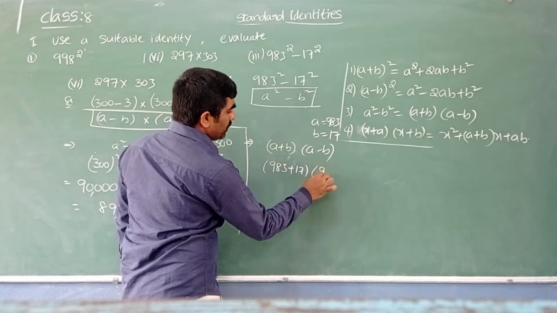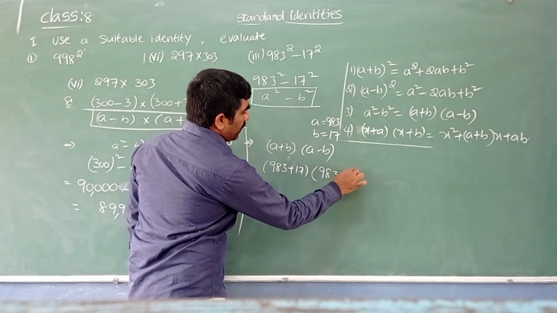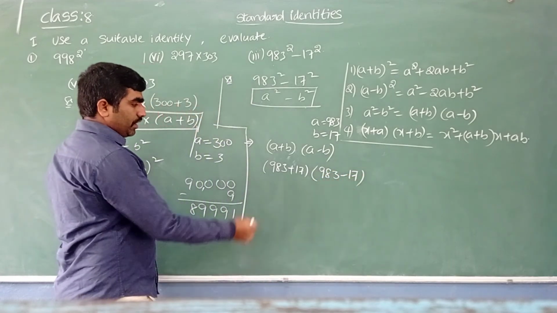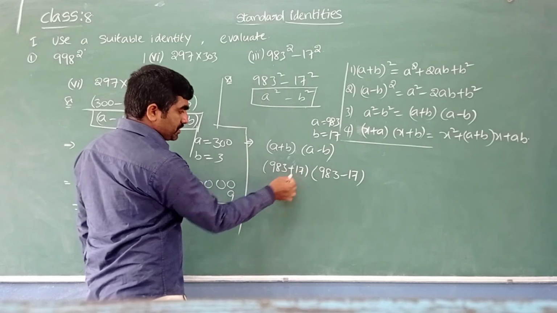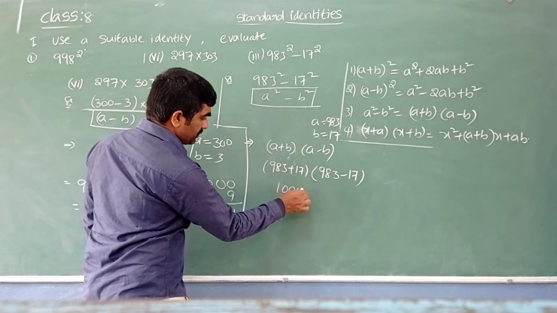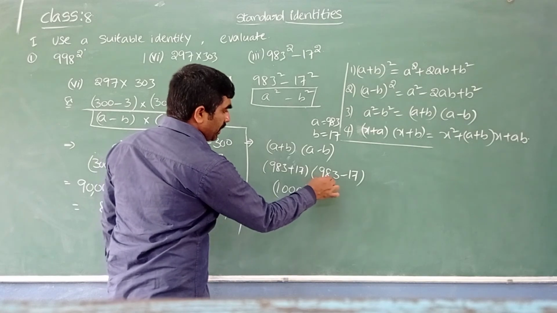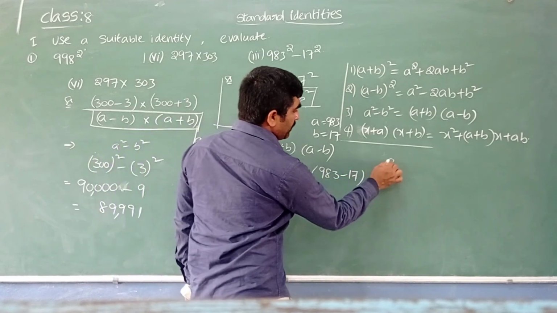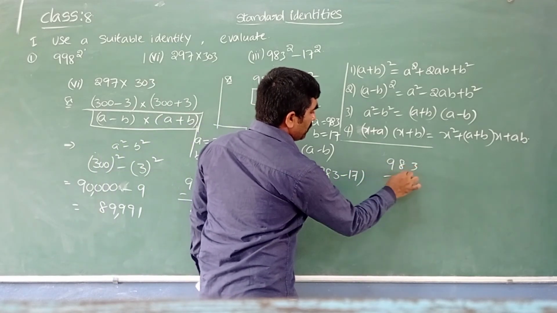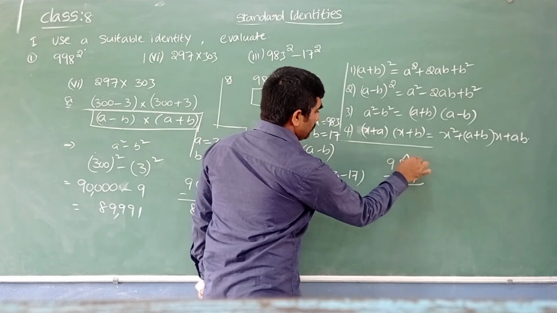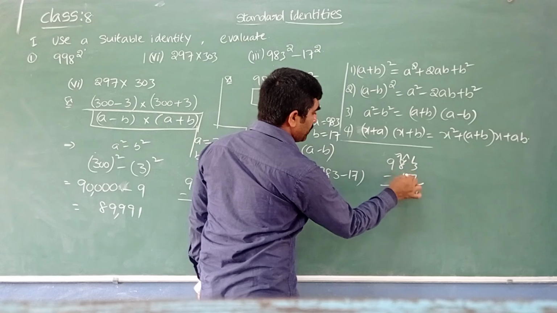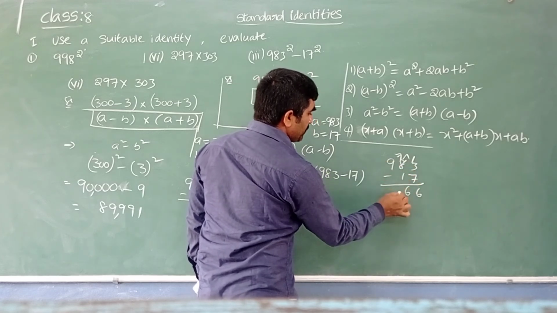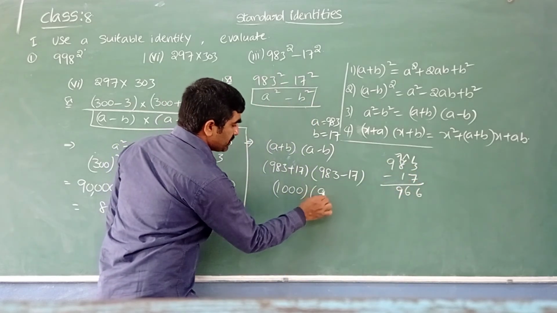A minus b: 983 minus 17. 980 plus 10 is 990, 7 plus 3 is 10, so 990 plus 10, 1000 we can see here now. Into 983 minus 17. Let us subtract: 13 minus 7 is 6, 7 minus 1 is 6, 9 left. You can write 966.